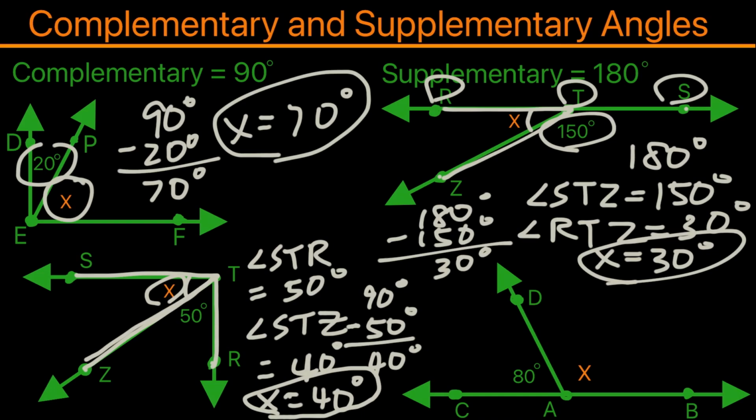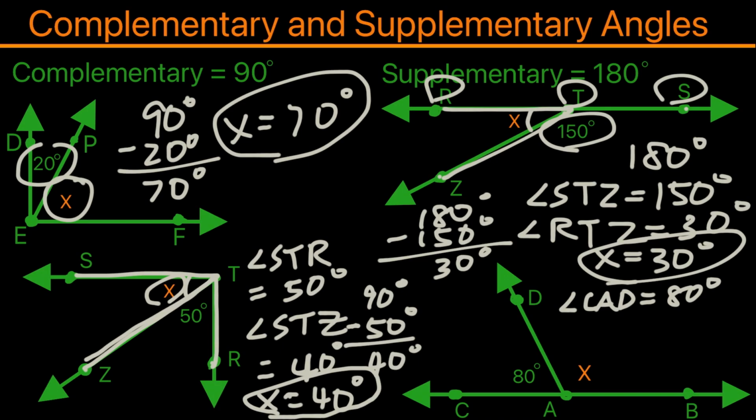And now we have the last example. Here we see the straight line through here. So we know that's going to be 180 degrees. And we were provided CAD here as 80 degrees. So angle CAD equals 80 degrees.